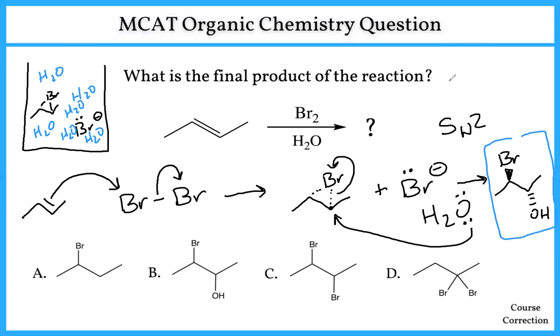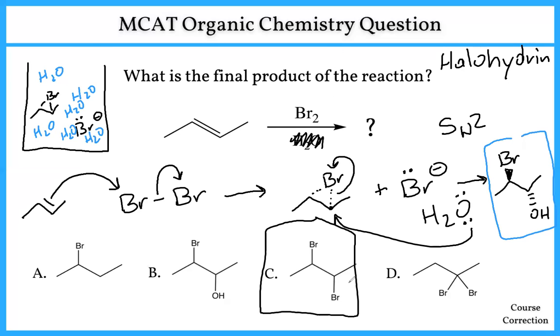This kind of reaction is what we call a halohydrin. So to write that out for you, halo because bromine is a halogen, and hydrin because we're using water, right? So like a hydration reaction. If water was not the solvent, then we would see this one.